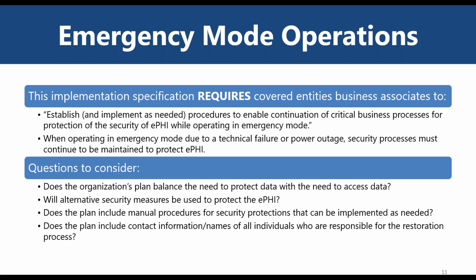Well, you may have a policy that your staff is never to access EPHI over a public Wi-Fi network, but in an emergency situation, there may not be a choice. So how are we going to balance the need to access that data versus the need to access it in a way that may be less protected than it was in normal operations?